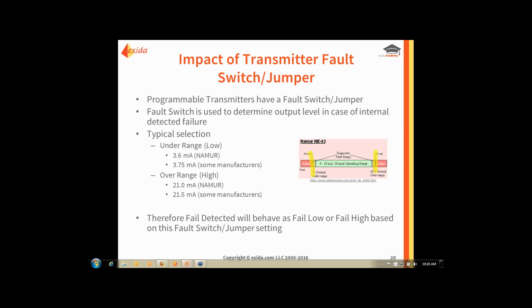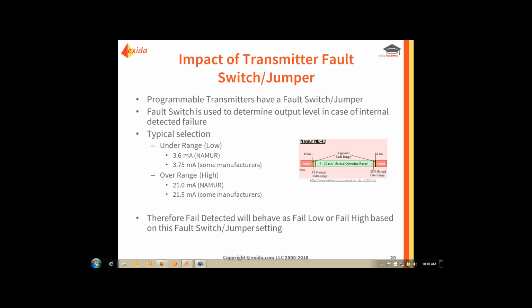So there may be a different predefined fault range for some transmitters, or you may be able to specify different ranges based on the transmitter that you purchase. Some manufacturers go to 21.5 milliamps on the overrange. So it's something to take note of when you purchase a particular transmitter or when you use a particular transmitter, what the actual ranges are, because they're important in your programming later on.